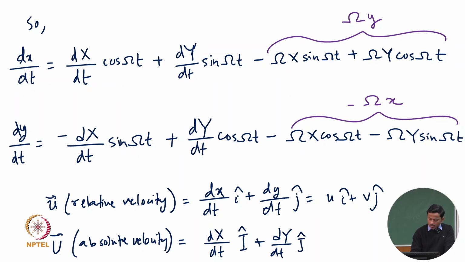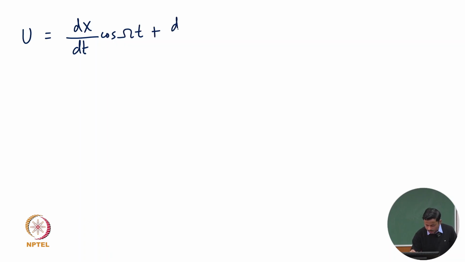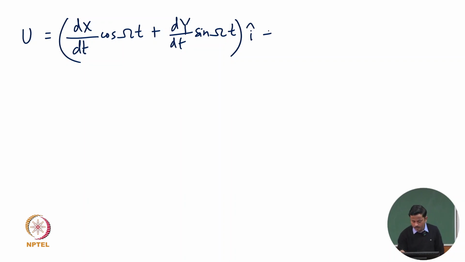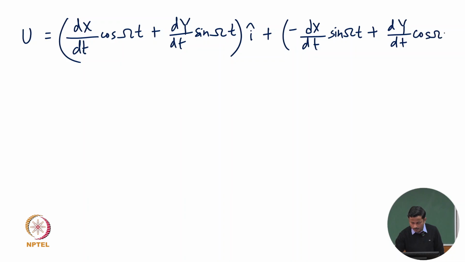Okay, so now representing u in terms of rotating unit vectors, u can be expressed as dX by dt cos omega t plus dY by dt sin omega t, i cap, plus minus dX by dt sin omega t plus dY by dt cos omega t, j cap.